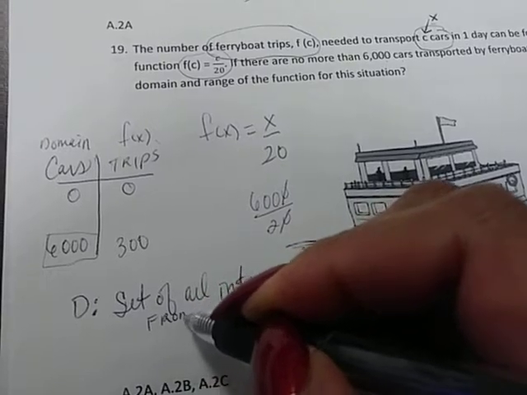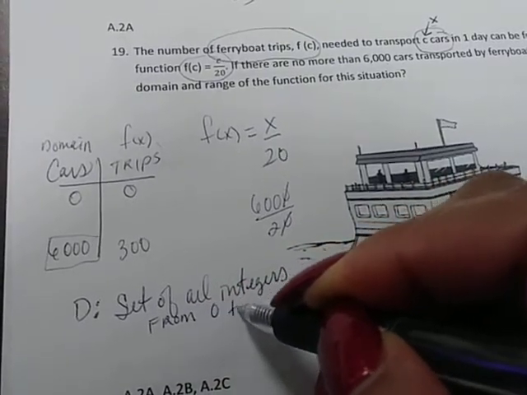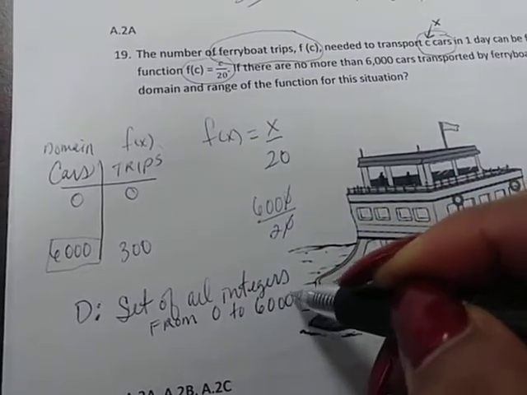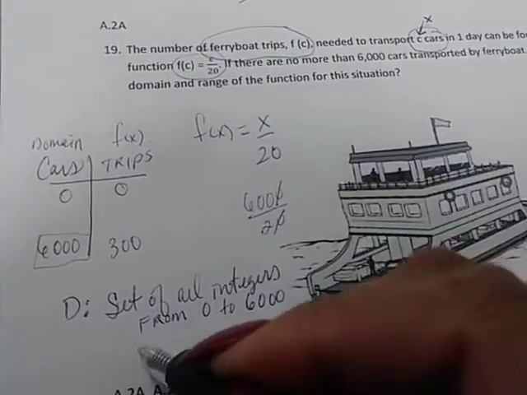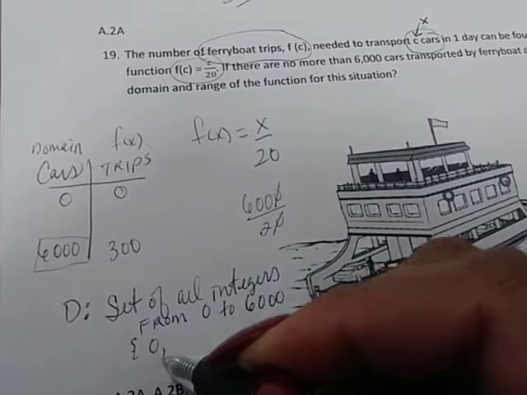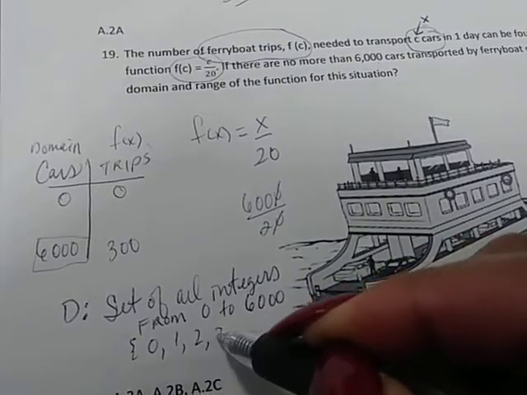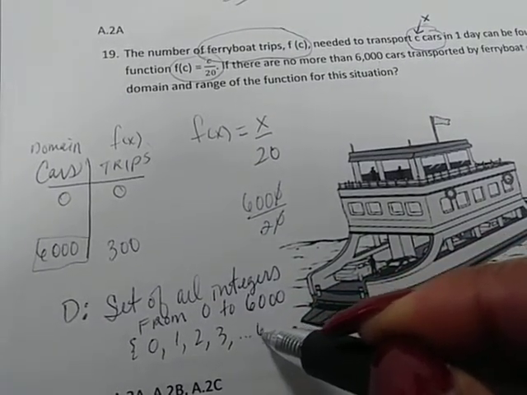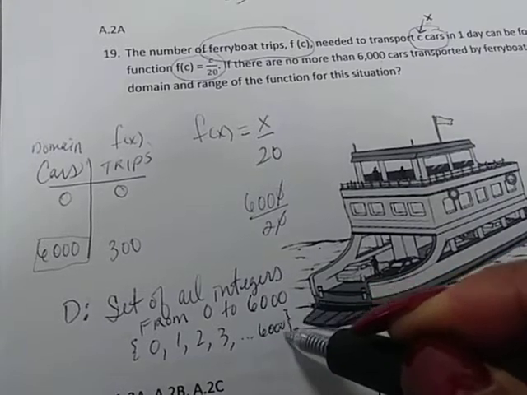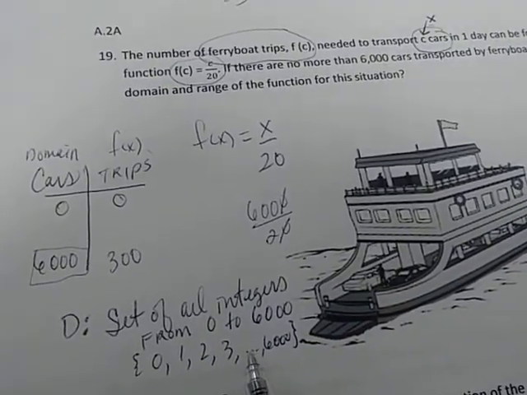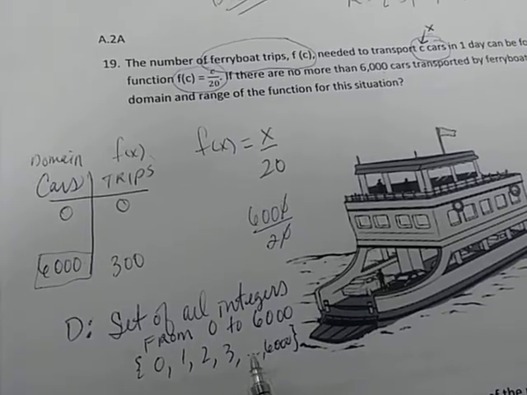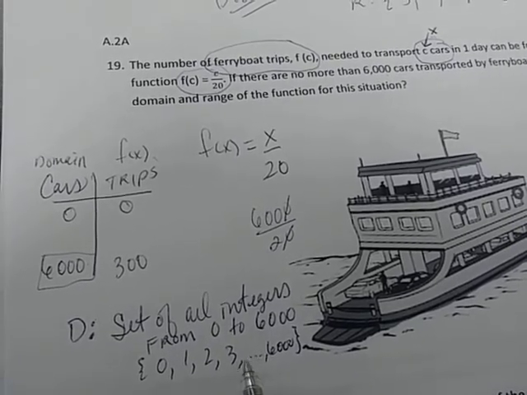So, from 0 to 6,000. Because if you don't word it this way, you're going to have to do this. And I'm cheating, because really I need to write all of those numbers between it.